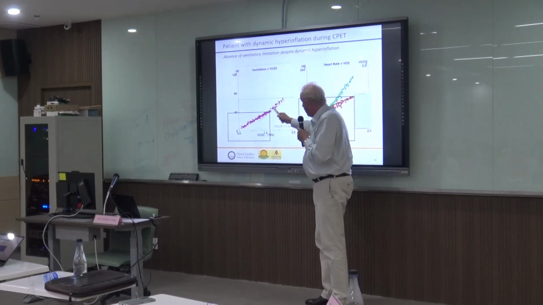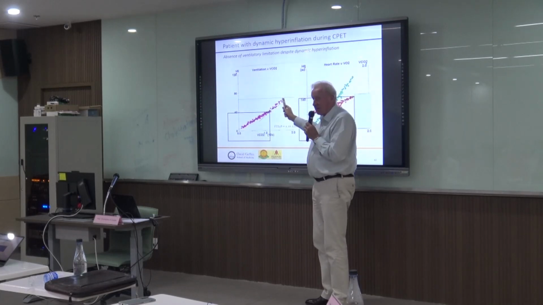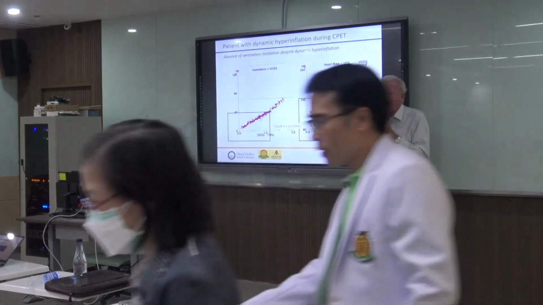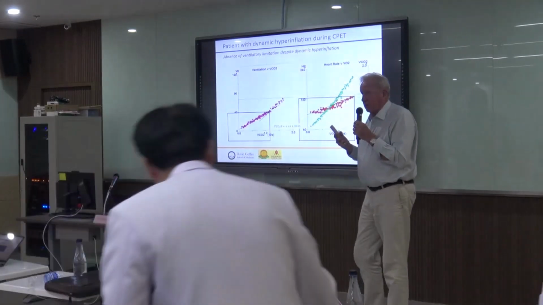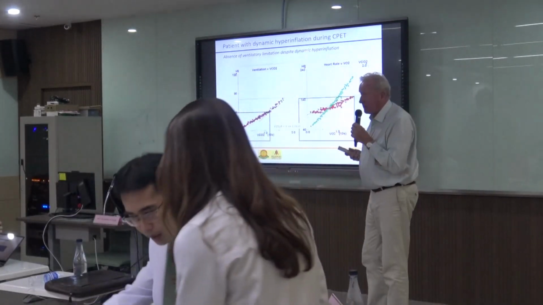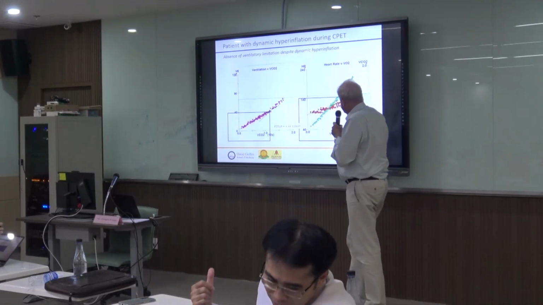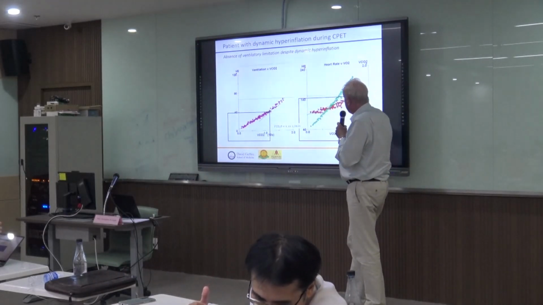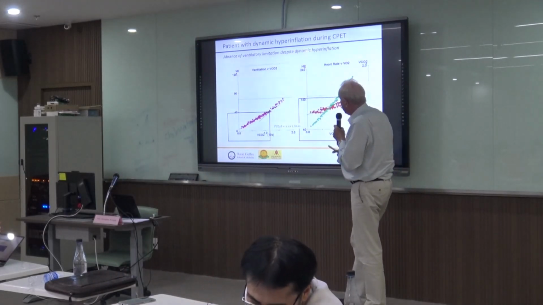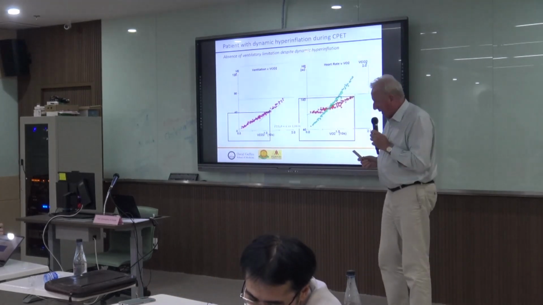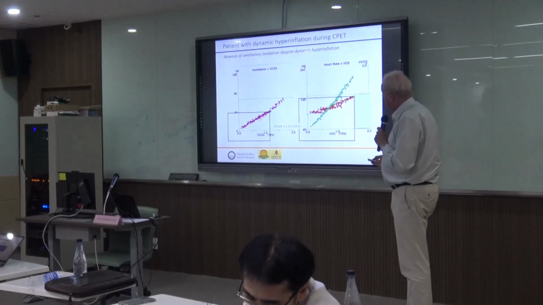You can see there was lactic acidosis, but you can have dynamic hyperinflation without necessarily having ventilatory limitation. And this person didn't have cardiovascular limitation either because they were limited by intolerable breathlessness from the dynamic hyperinflation.